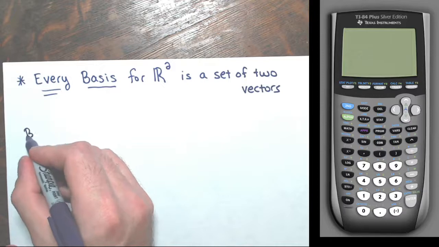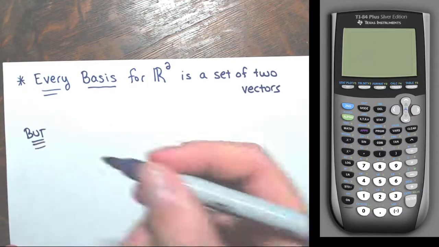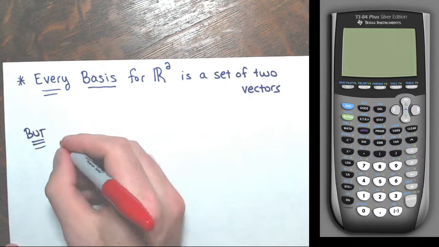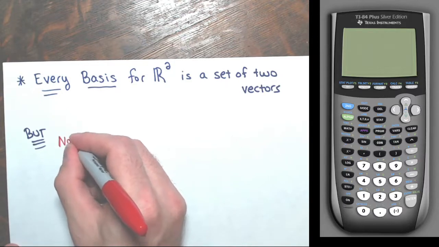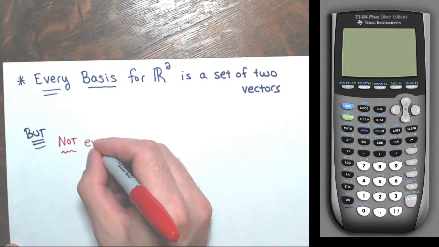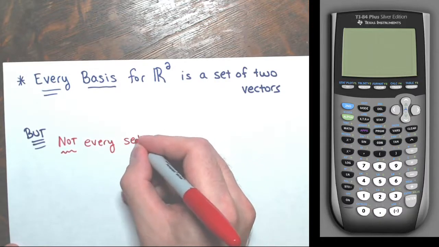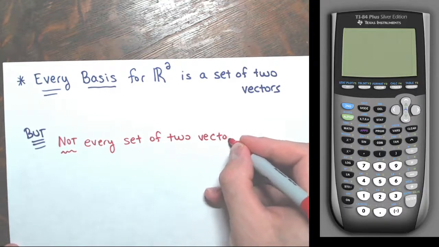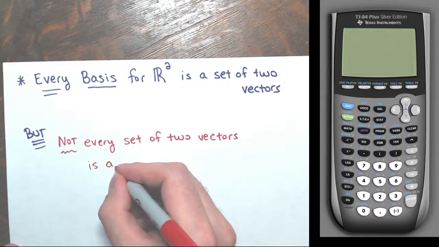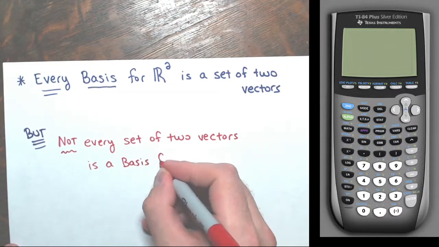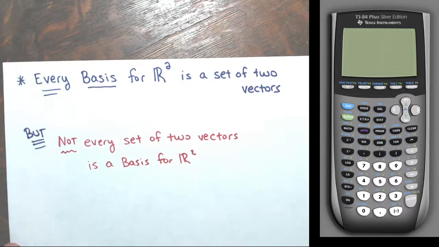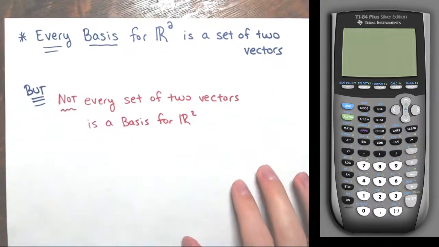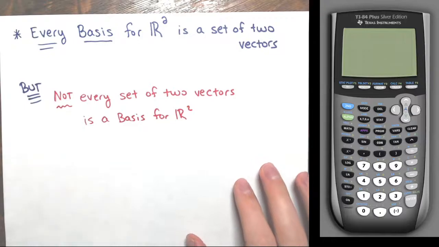But, triple underline this, but not every set of two vectors is a basis for R2. So be careful. Just because you see a set of two vectors, just because those first two examples were bases of R2, doesn't mean that every set of two vectors is a basis for R2.